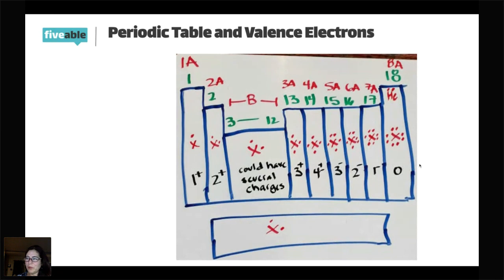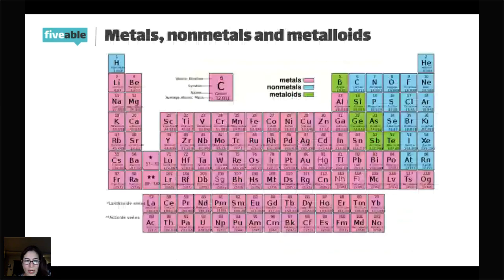Okay, we're going to move on. So another way to, well, the most common way to classify the elements in the periodic table is by metals, nonmetals, and metalloids. But it always refers back to the valence electrons.